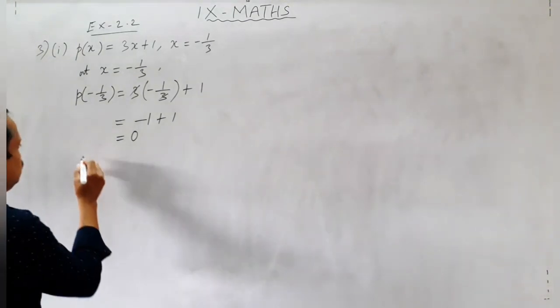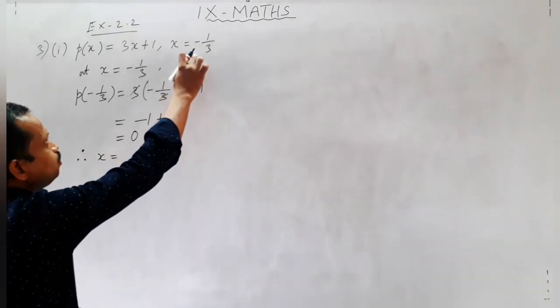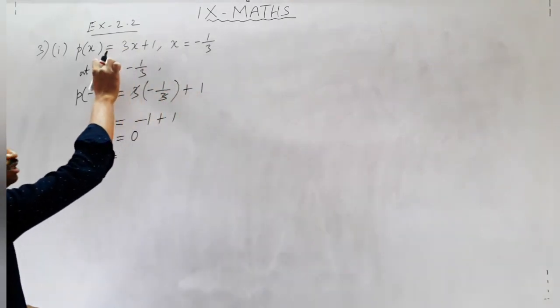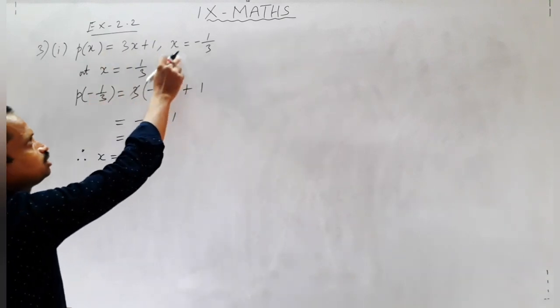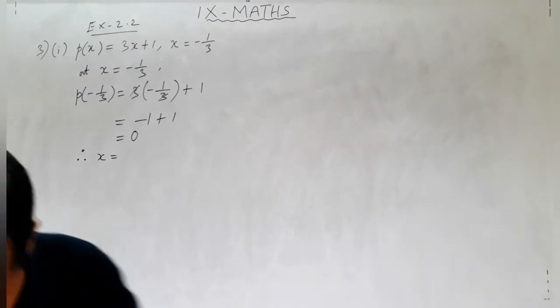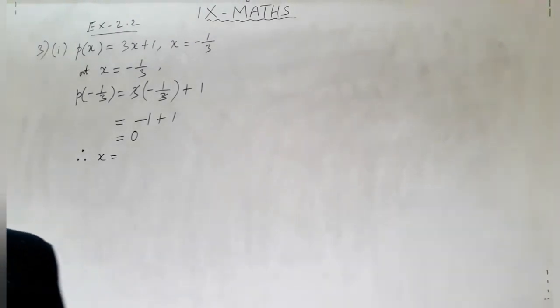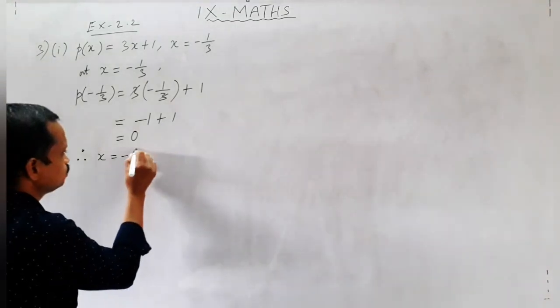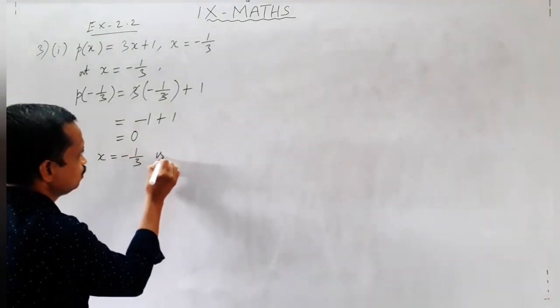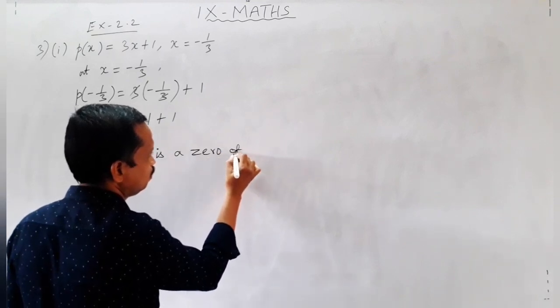So we can say therefore, the value indicated against the given polynomial, x equal to minus 1 by 3. Okay, you have to write x equal to minus 1 by 3 is the 0 of what?